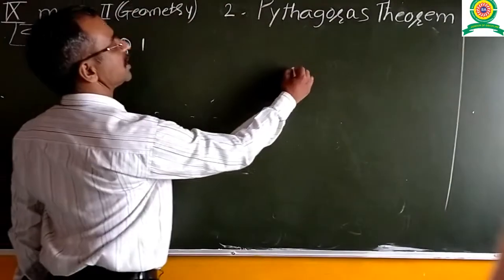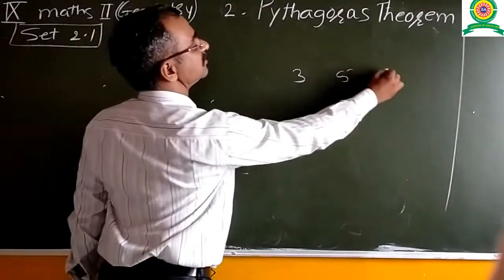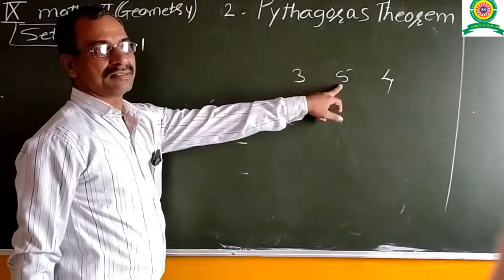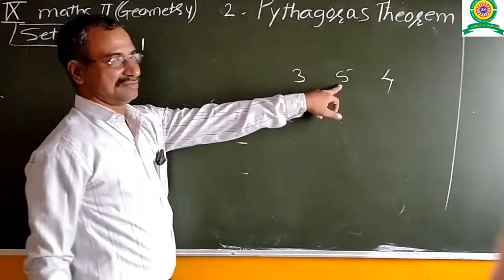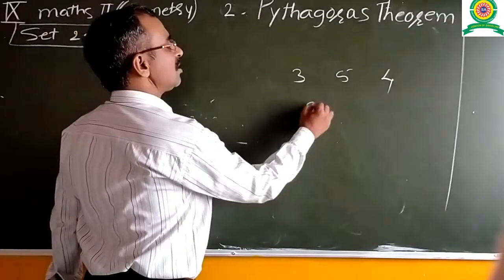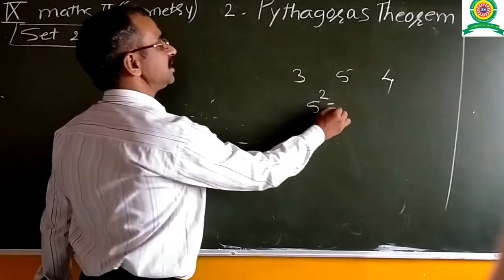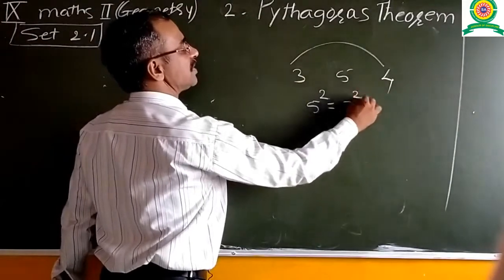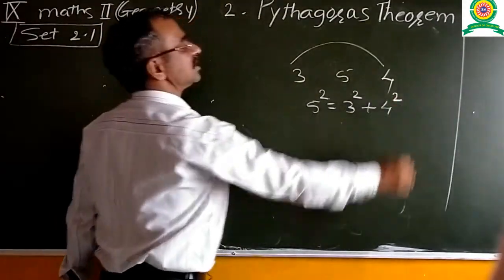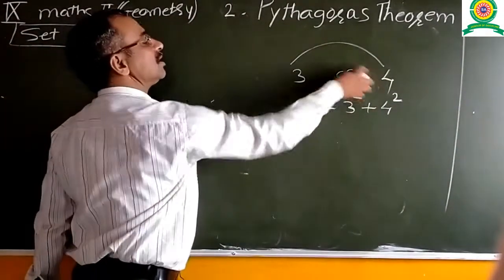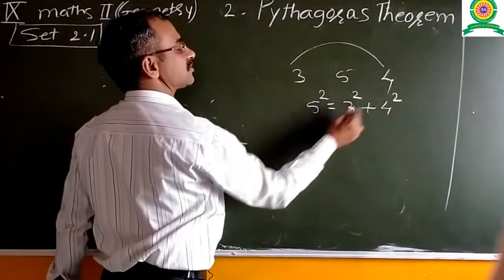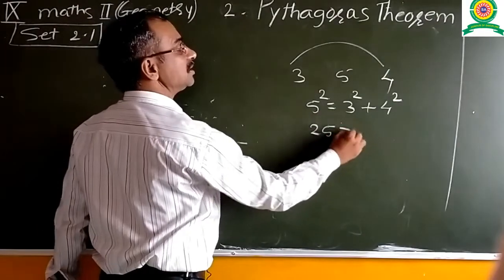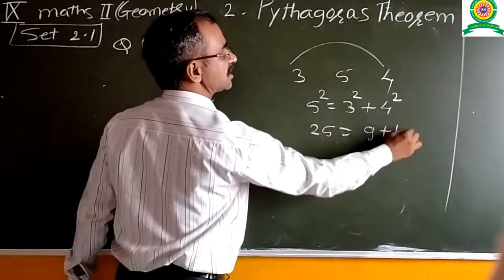Example, suppose we are taking 3, 5, 4, out of which 5 is the highest positive integer. The square of the highest positive integer is the sum of the squares of the smaller numbers 3 and 4. 5 square is 25, 3 square is 9, 4 square is 16.